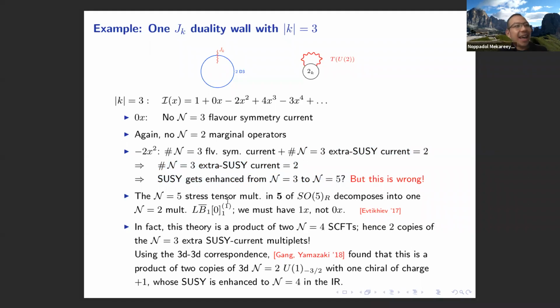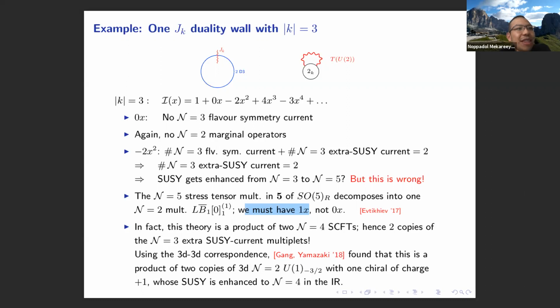The reason is that the N=5 stress tensor multiplet in the 5 of SO(5)_R, if you decompose the multiplet carefully, would have to have plus x, not 0x. It contradicts here. So you cannot have N=5.